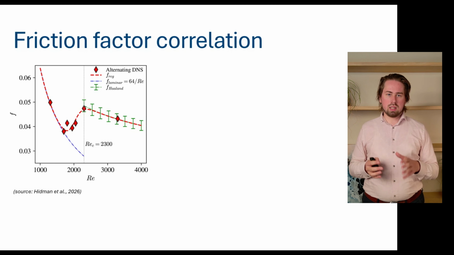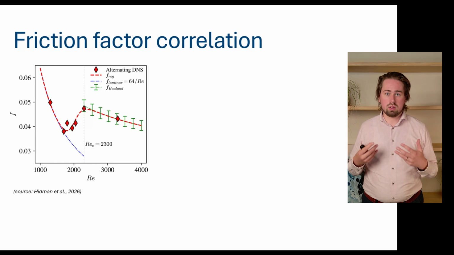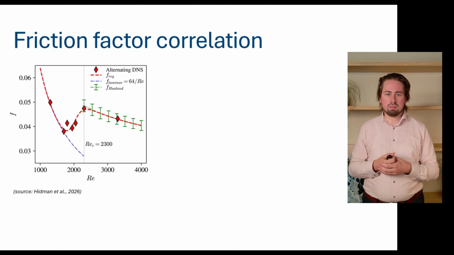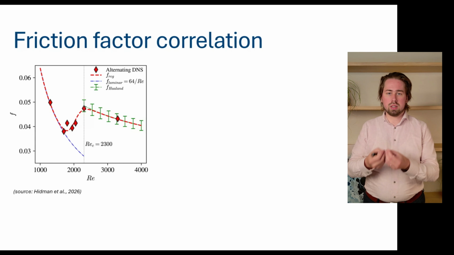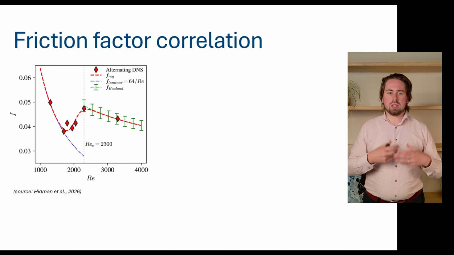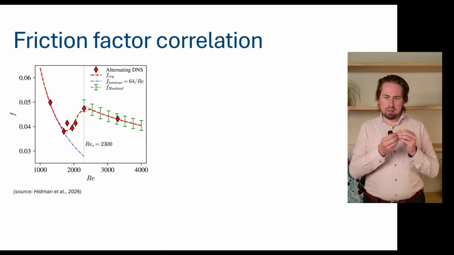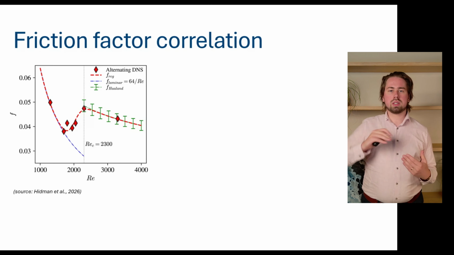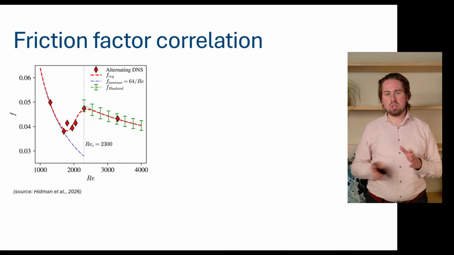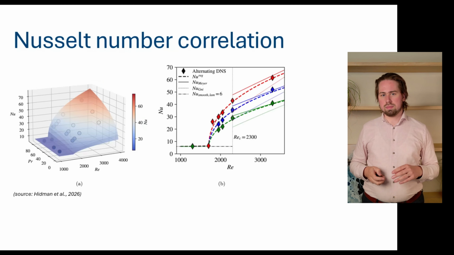Basically, the dotted blue line and the dotted green line are the classical solutions for smooth pipes. Then you have this red line, which is the correlation for this alternating DNS probe, which is the TurboCollector in this case. As you can see, the friction factor deviates at around 1700, 1800 towards this turbulent regime. So the transition zone occurs not at 2300, but already way sooner.